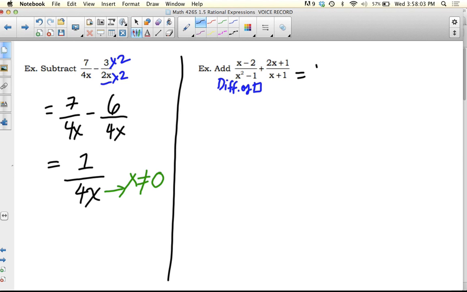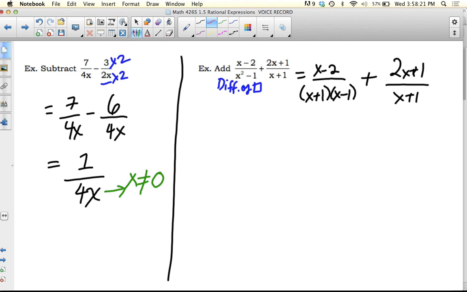So this is the same thing as x minus 2 over x squared minus 1 factors to x plus 1, x minus 1, plus 2x plus 1 over x plus 1. Now have a look at the denominators. Look at this denominator and look at this denominator.